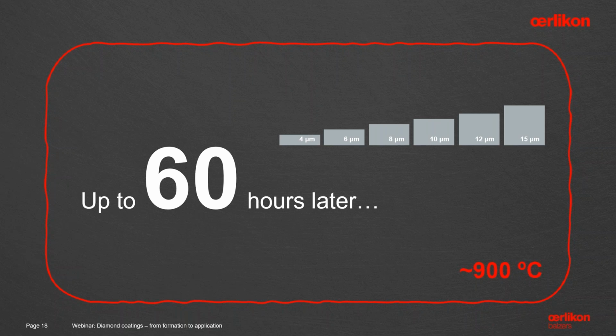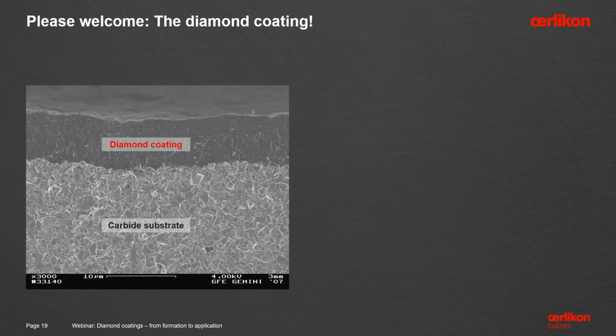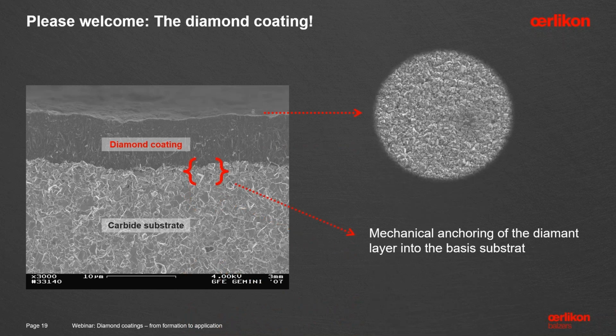So you see, in terms of preparation and coating process, this requires some amount of time and work to create this properly. But here we go. After 60 hours or less, if we can work with 6 micron, for example, we have our diamond coating properly grown on the carbide substrate. The structure of the diamond can be adjusted.